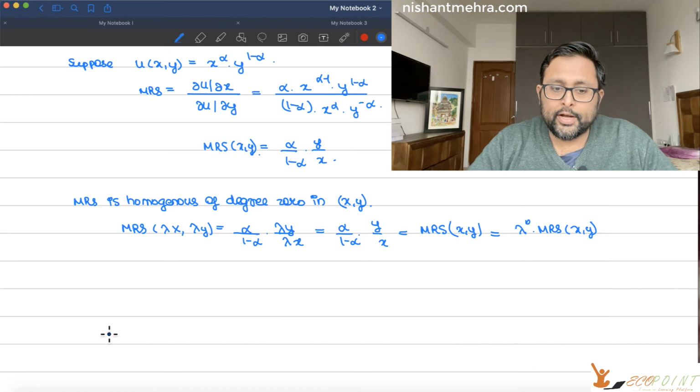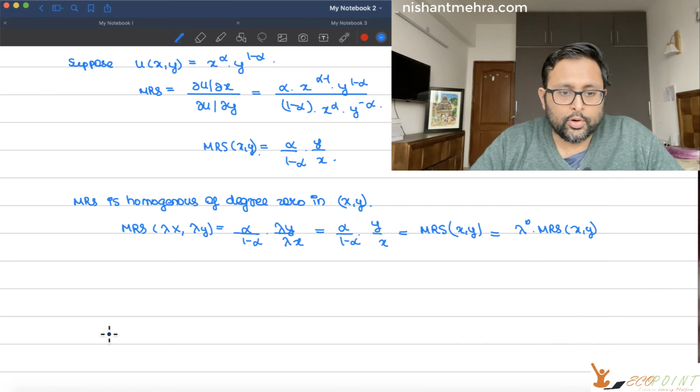So that's an easy way to check. If your MRS is like this, it is only dependent upon the ratio, not on the absolute values. Its MRS is homogeneous of degree 0 in x and y, so it is a homothetic function.